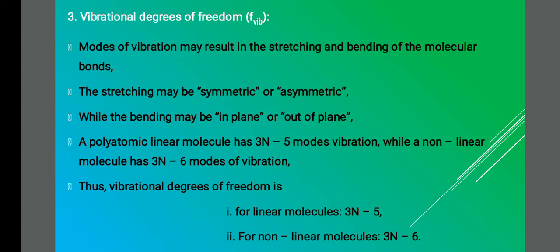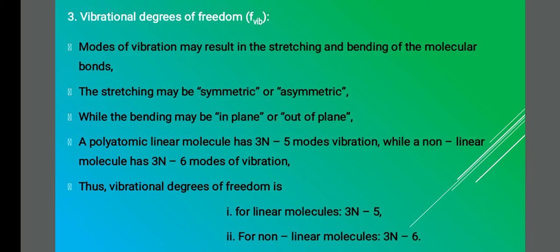If you take a non-linear molecule, it will have 3n minus 6 modes of vibration. So for a linear molecule the formula is 3n minus 5, and for a non-linear molecule it is 3n minus 6. Okay. You have to listen to these points carefully, because based on this only I'll explain the problems for you. Is it clear?